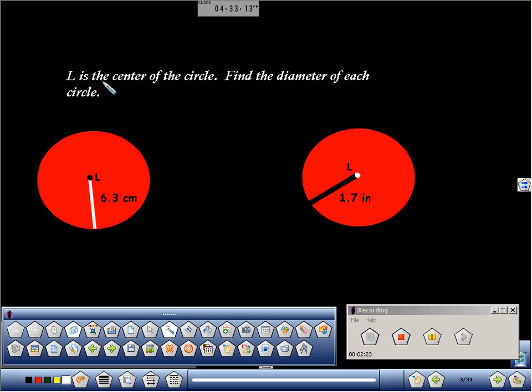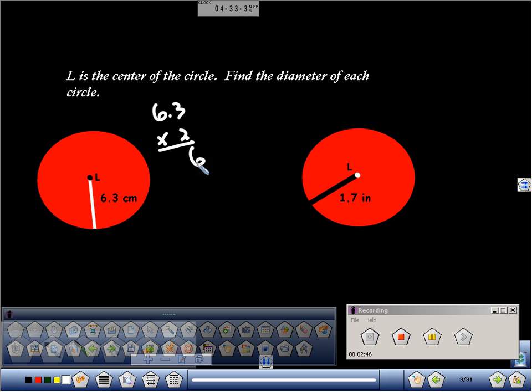Okay, now this one. L is the center of the circle. We see L at the center of the circle. Find the diameter of each circle. Now this time they're giving us a radius, and we're going to find the diameter. So the radius, when you double it, you find the diameter. So we go 6.3 times 2. 3 times 2, 6. 2 times 6, 12.